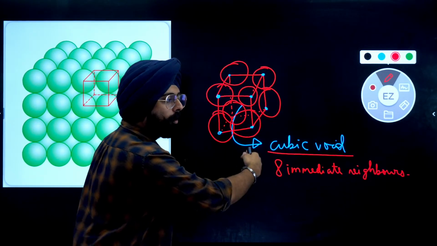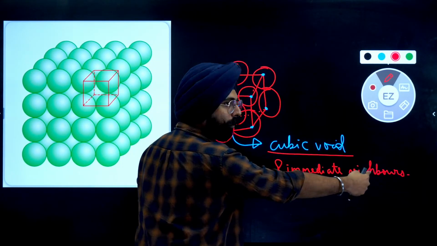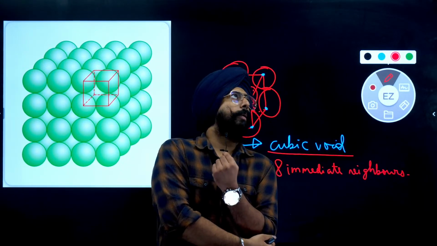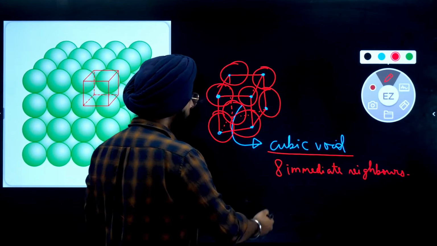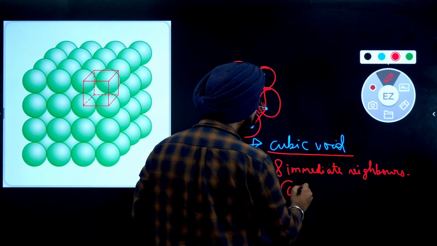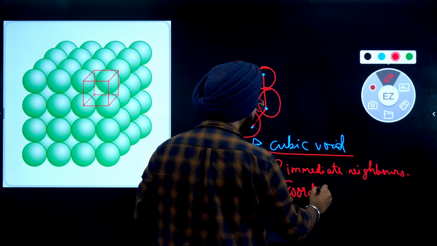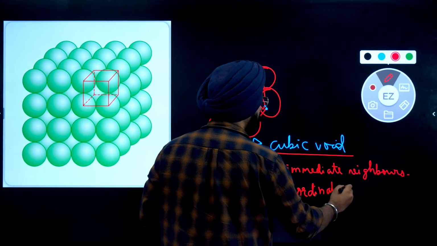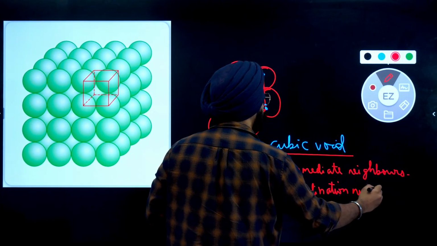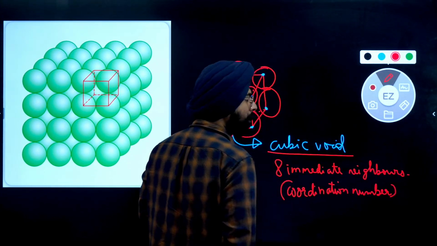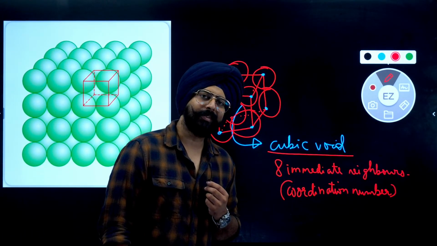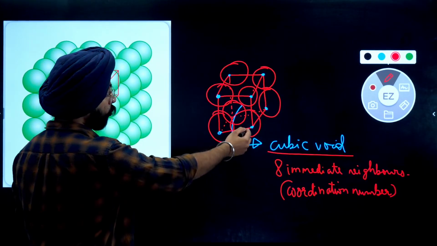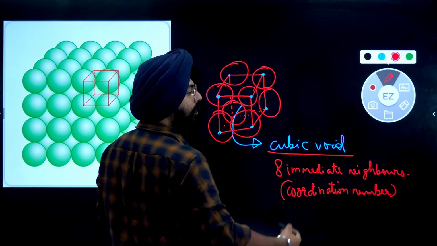This number, the immediate neighbors that you can see around you, is also known as coordination number. Number of nearest neighbors. Got it? So in a cubic void, 8 is the coordination number.